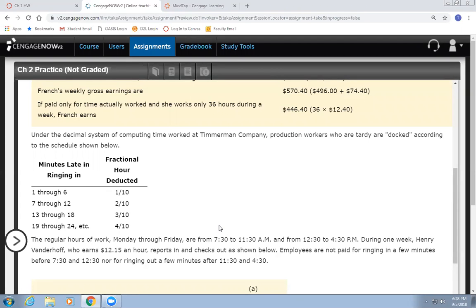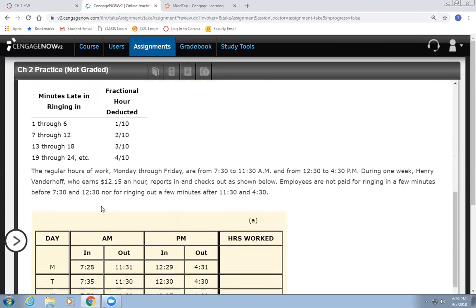How we are going to compute hours paid is based on when they actually clocked in. So it tells us the regular hours of work are Monday through Friday from 7:30 to 11:30 and from 12:30 to 4:30. During 1 week, Henry Vanderhoff earns $12.15 an hour, reports in and checks out as shown below.